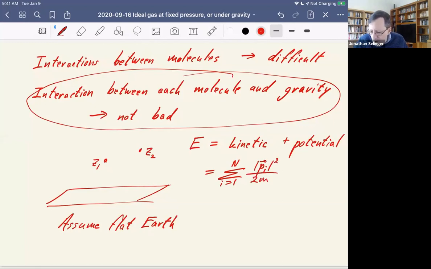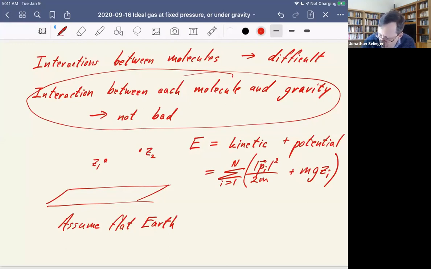Now, the potential energy is the potential energy for each molecule at a height Zi, for molecule i. So this makes the mass of the molecule times the gravitational field times Zi. So all of that is in the sum. Okay. So this is now the energy of a state, which includes a potential energy term.